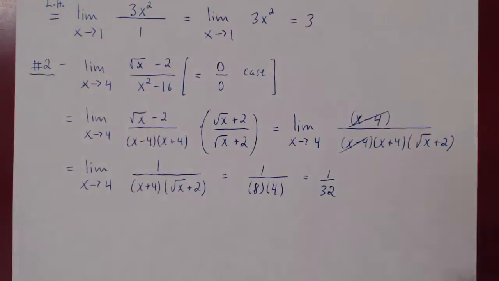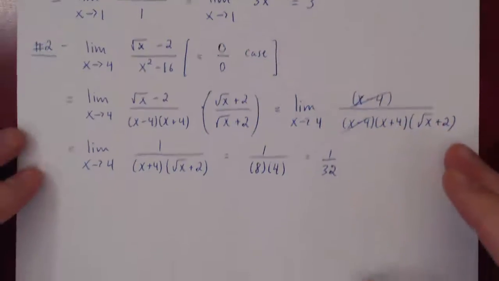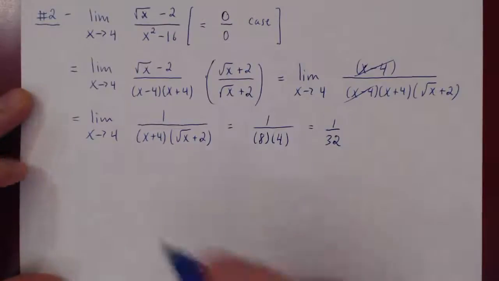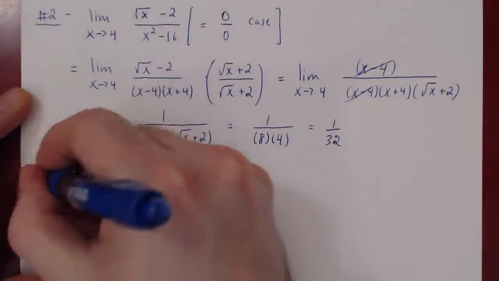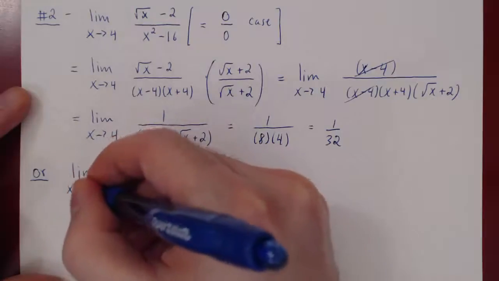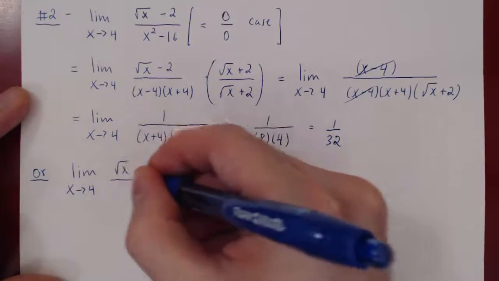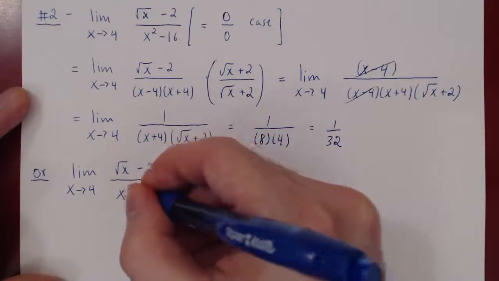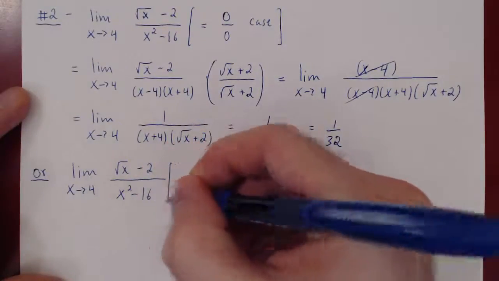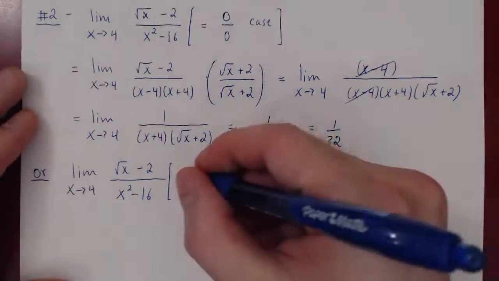Because we had a 0 over 0 case, we know that we can use L'Hopital's rule. So let's solve the problem now using L'Hopital's rule. We read the limit, x approaches 4, root of x minus 2, over x squared minus 16. As always, we have to check the case that we are in so we can justify using L'Hopital's rule.